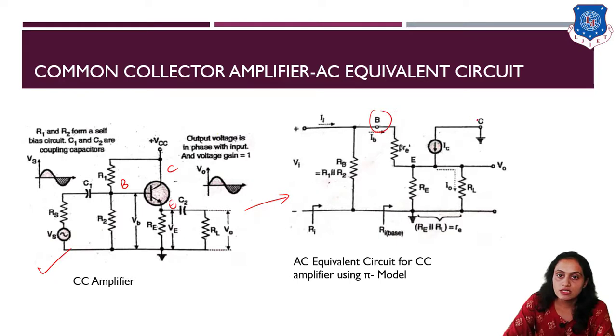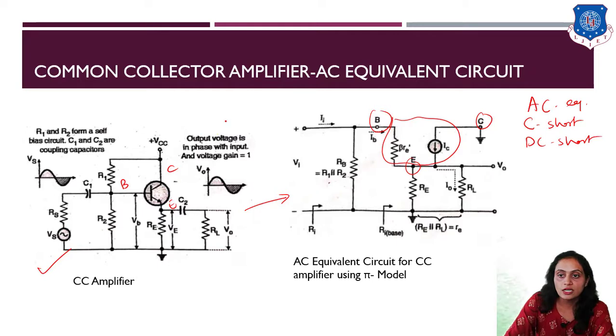This portion is the pi model of the BJT. Here the collector is grounded. Whenever we draw the AC equivalent circuit, all capacitors are short circuited and all the DC sources are also short circuited. So VCC being short circuited, that's why this collector is grounded. So one terminal is clear, that is, the collector terminal is grounded.